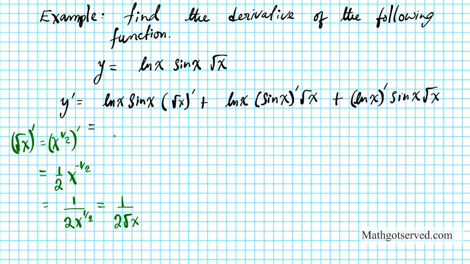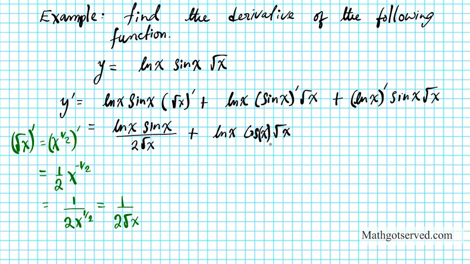So y prime is going to be ln x sine x. The derivative of root x is 1 over 2 root x, so I'll put that downstairs here, 2 root x, okay? Plus, now let's differentiate sine x, that's easy, just cosine x, so we'll have ln x cosine x, times the square root of x, okay?